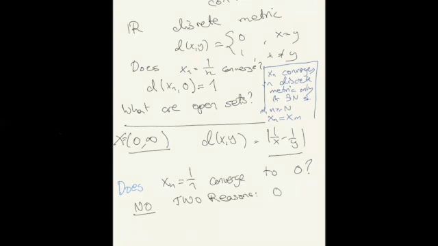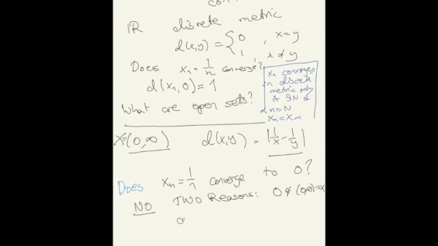Well, first of all, it cannot converge to something that's outside your domain. 0 is not in your space. You can't converge to something that's not in your space. That's one of the basic considerations that you have to factor in. This is something that comes up in relative topology, but there's a bigger issue why you don't converge to zero.